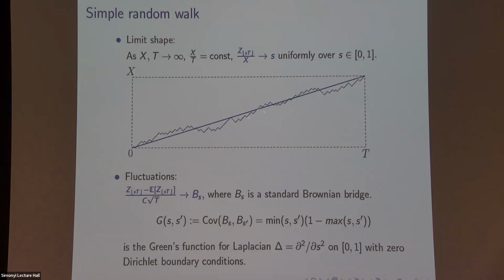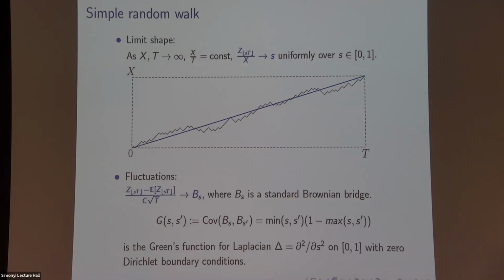So this is just a graph with respect to time. And if we think about the scaling limit when x and t go to infinity with the slope remaining the same, then it is known that those paths concentrate around this limit shape, which is in this case simply a diagonal of this rectangle.